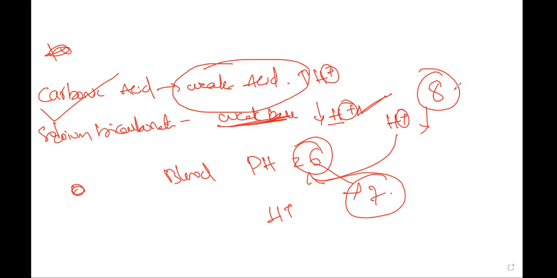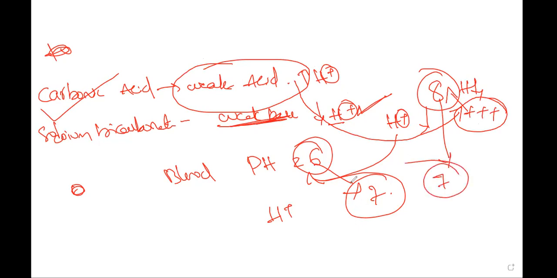Because here we have a lesser amount of hydrogen ions, we will take the help of hydrogen ions to maintain balance. Then we will add hydrogen ions here, then the pH level will reduce to 7. Okay, I think you understood.